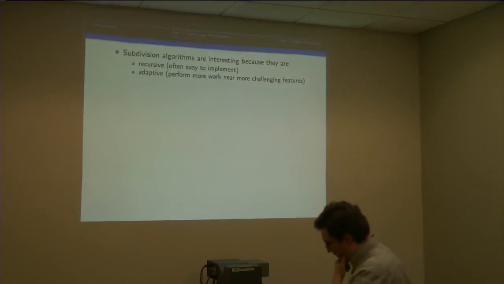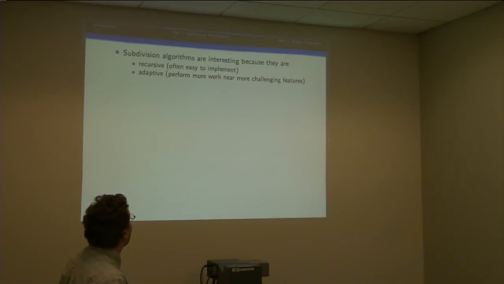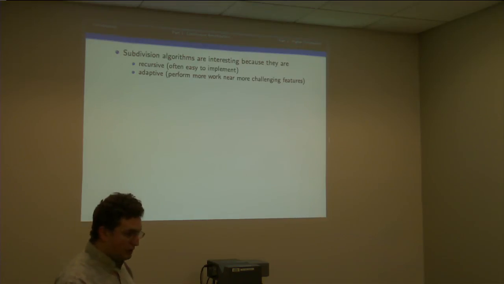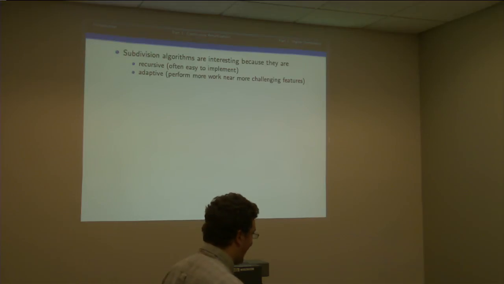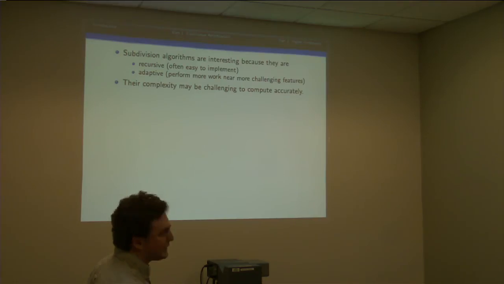To summarize, subdivision algorithms are interesting and used in applications because they're recursive and easy to implement. They're adaptive, so they only do more work when they have to. But that makes the analysis of their complexity more challenging.